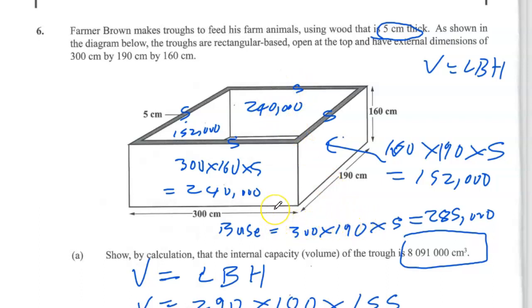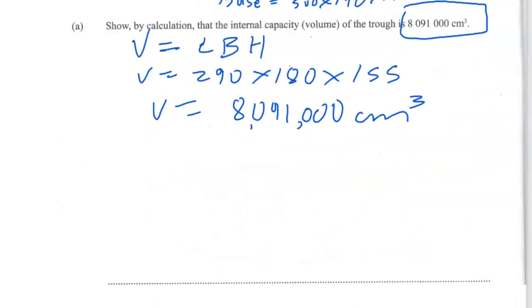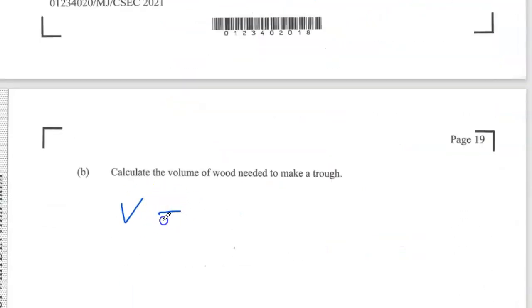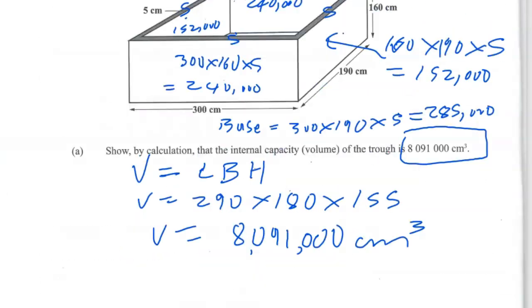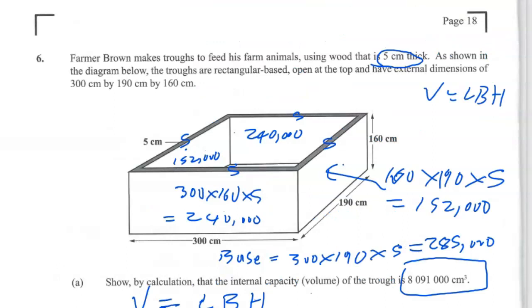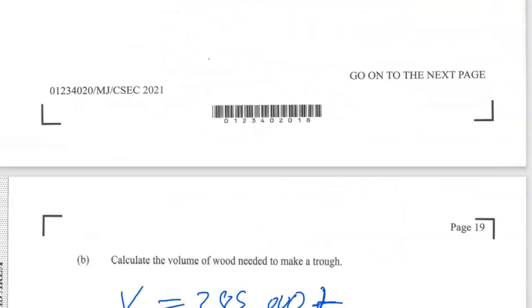So the volume of wood needed would be 285,000 plus 2 times 152,000 plus 2 times 240,000. So, in answering this question, it would be 285,000 plus, what was it again? 2 times 240, 2 times 152.